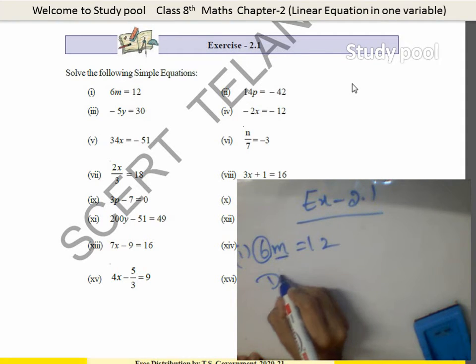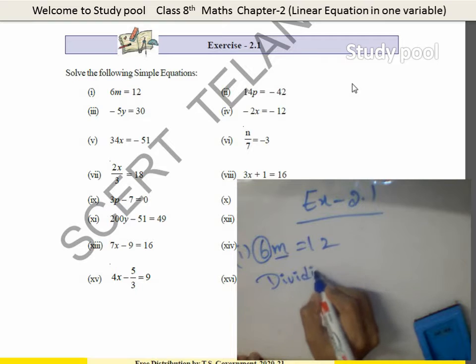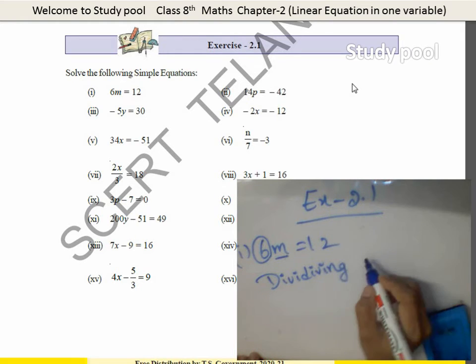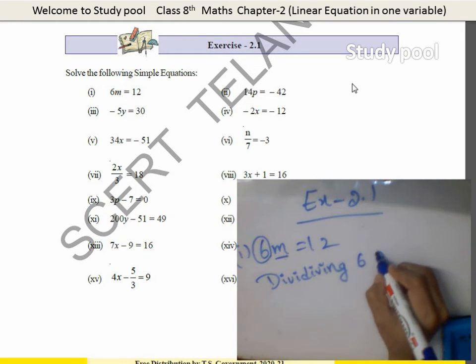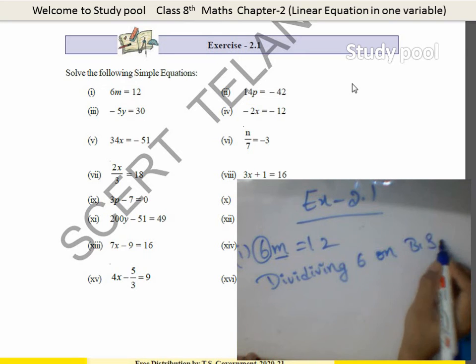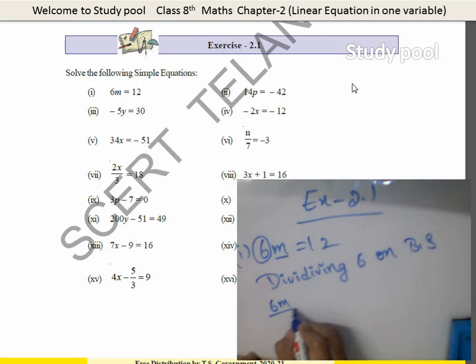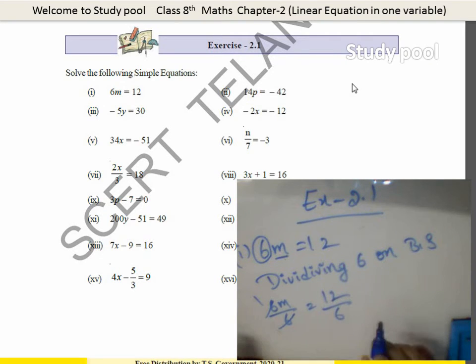So I am dividing 6 on both sides. What happened then? 6m by 6 is equal to 12 by 6. Now 6 ones are 6 get cancelled. Here 6 twos are 12. So what we will get? m is equal to 2. So in this way we have to do. That is the transpose method.